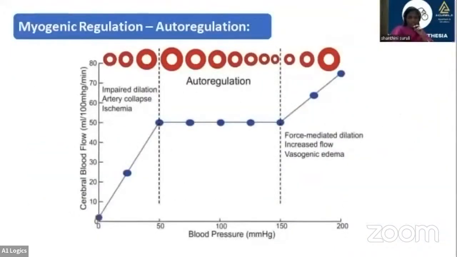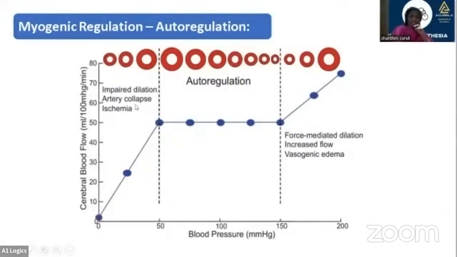So coming to the myogenic autoregulation theory, this is very important. Within the mean arterial pressure range of 50 to 150, the blood flow doesn't change. But on the higher end, beyond the maximum limit of the autoregulatory range, the cerebral circulation causes vasoconstriction, and beyond a certain point, there is force-mediated dilatation and increased flow resulting in vasogenic edema.